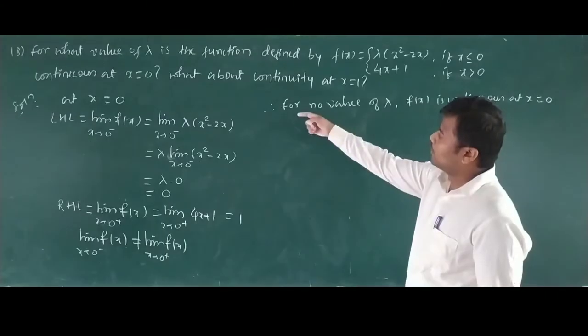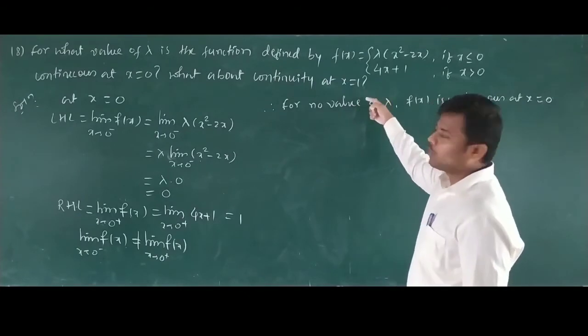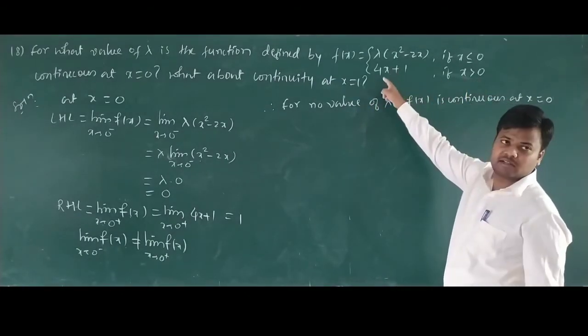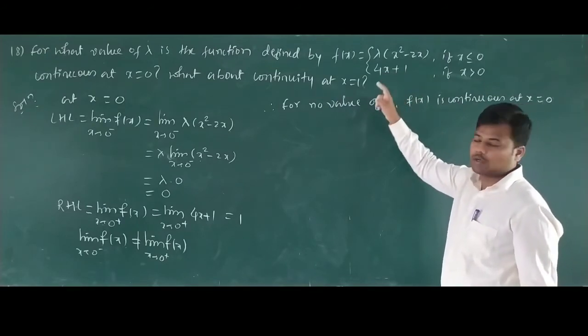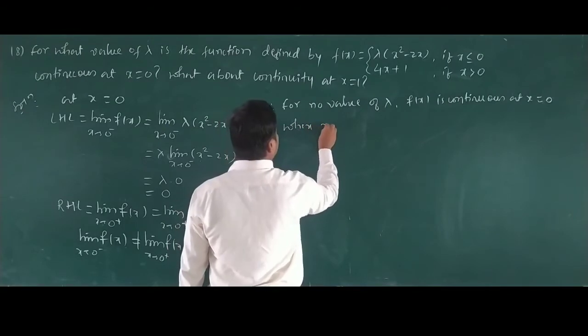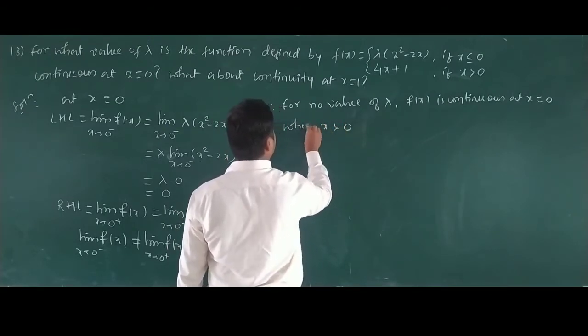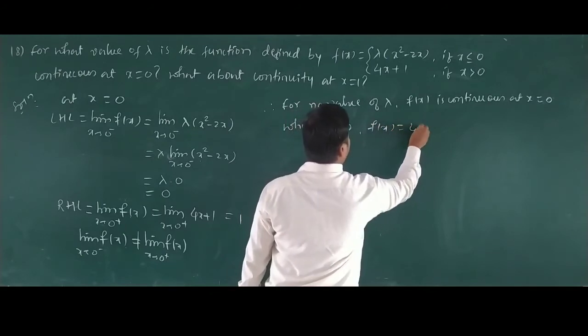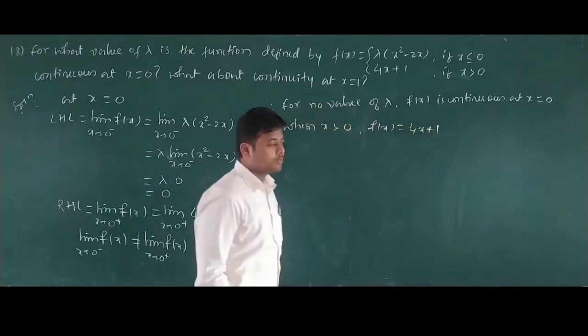Next we have to check the continuity of this function at x equal to 1. So x equal to 1 is x greater than 0. x greater than 0 is a polynomial function. When x greater than 0, f of x is what? 4x plus 1. Okay.